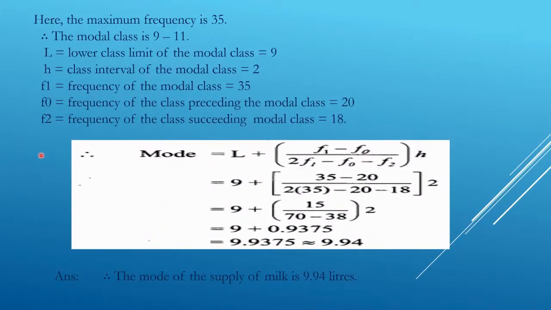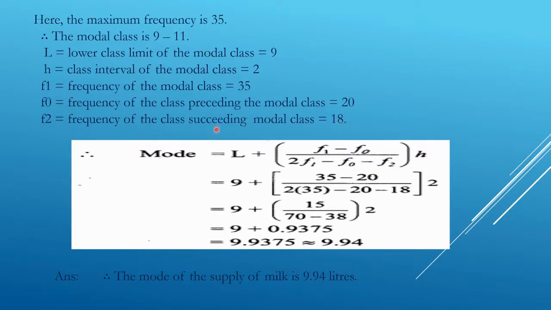Therefore, the modal class is 9 to 11 and L, the lower class limit of the modal class, is equal to 9. H, the class interval of the modal class, is equal to 2. F1 is the frequency of the modal class, equal to 35, and F0 is the frequency of the class preceding the modal class, 20, and F2 is the frequency of the class succeeding the modal class, equal to 18.